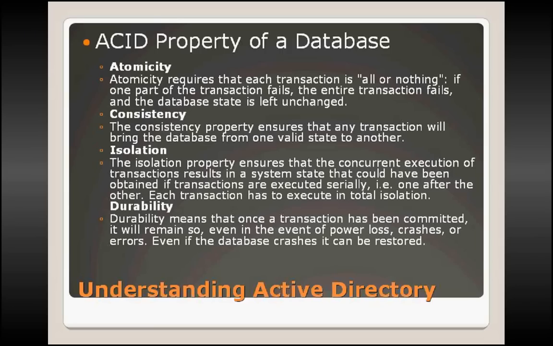So when you talk about atomicity in terms of a computer database, to be exact, it means either all the transactions that you are doing on the database will be done, or else nothing will be performed.